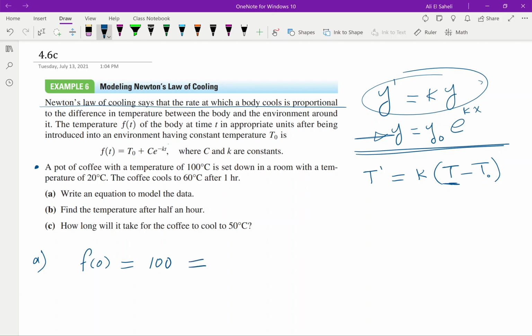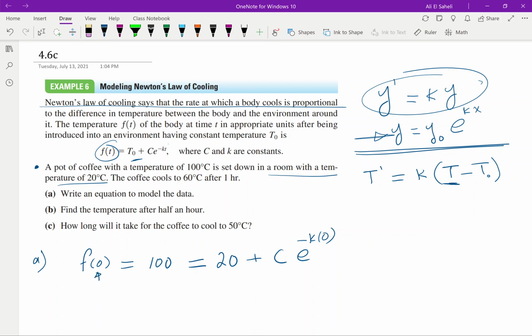So this is the initial temperature, is equal to T0, the temperature of the room, the ambient temperature, 20 degrees, plus C e to the minus k times 0. So this is initially when the time is 0, the starting time.